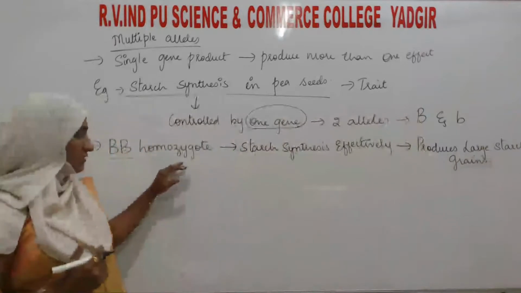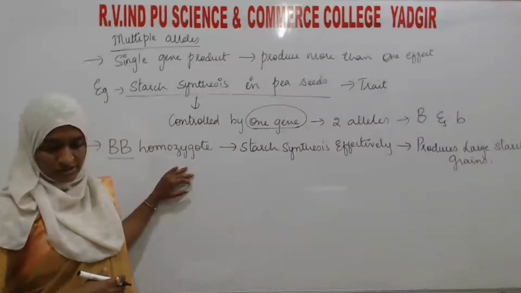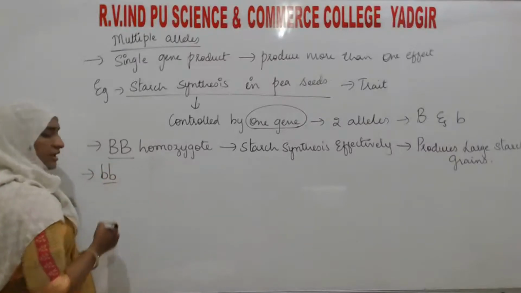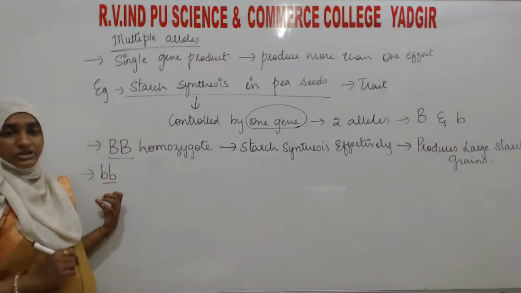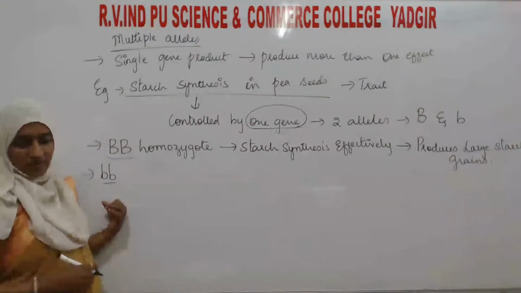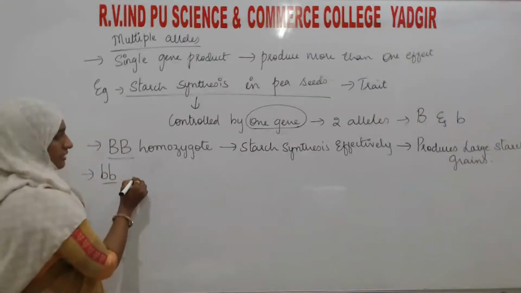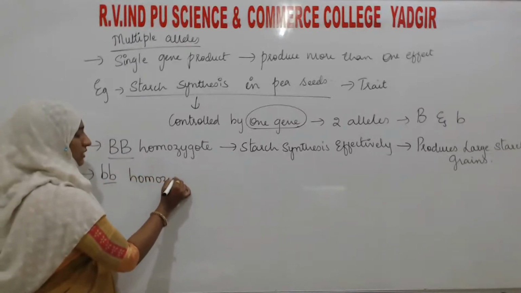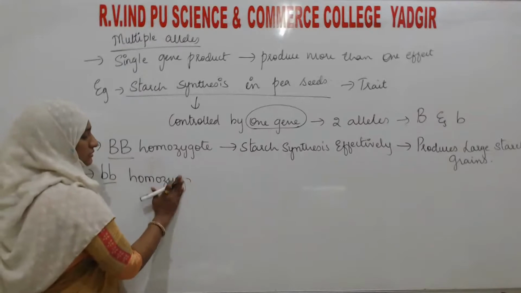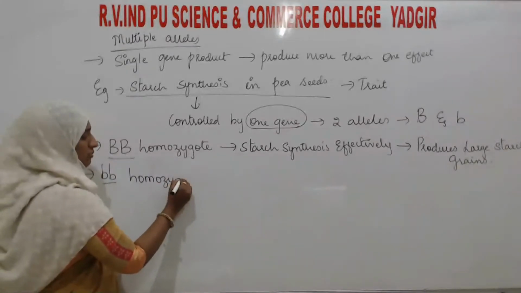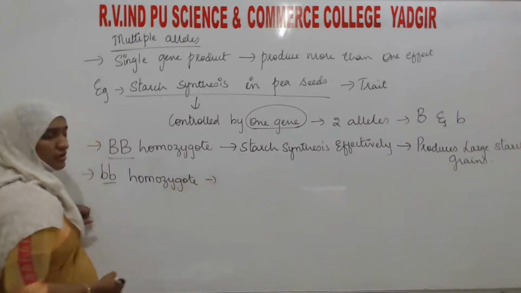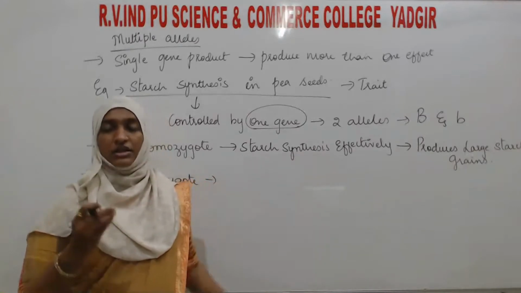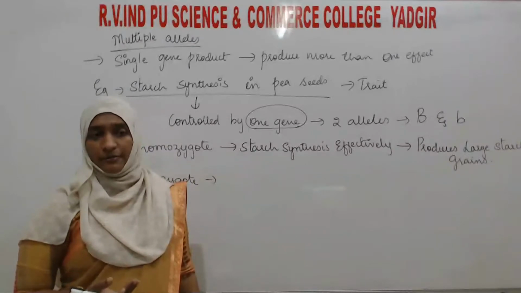Then there is one more condition. If the alleles are small b and small b in the gene for starch synthesis, they are also in homozygous condition.